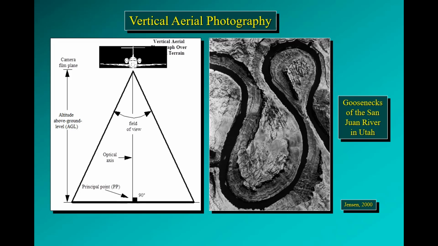We have an optical axis that extends directly down from the aircraft, perpendicularly intersecting a flat level terrain, forming ideally a 90-degree angle, and the principal point would be located at that point. And we would describe the altitude of the aircraft at the time of image acquisition by an altitude above ground level or an altitude above sea level. And that extends from the ground surface up to the film plane of our camera system.